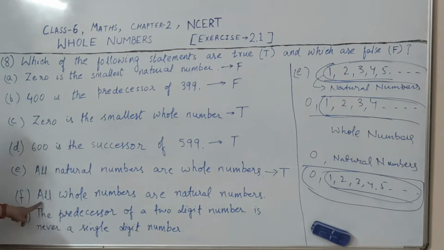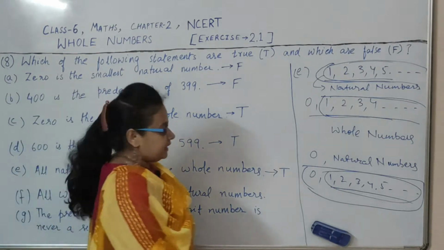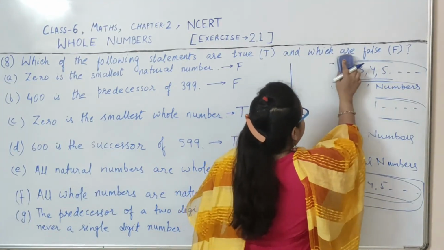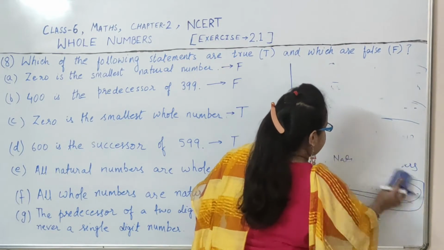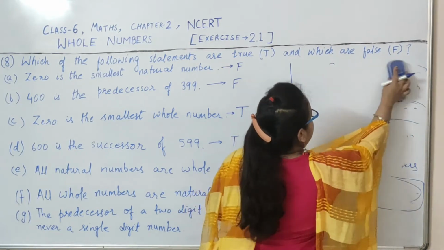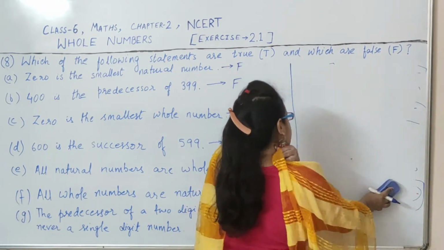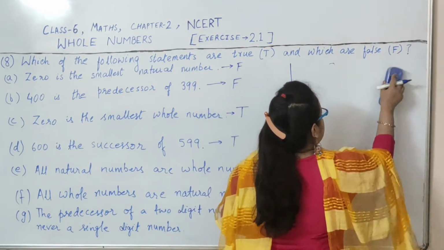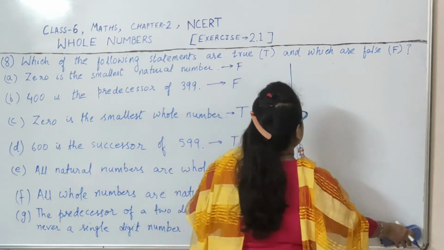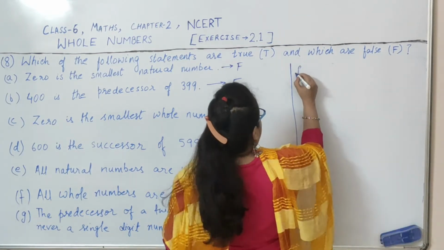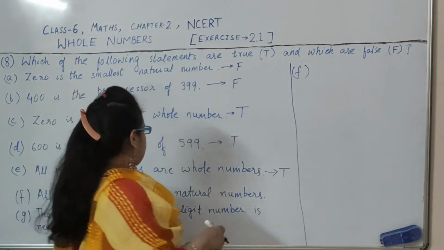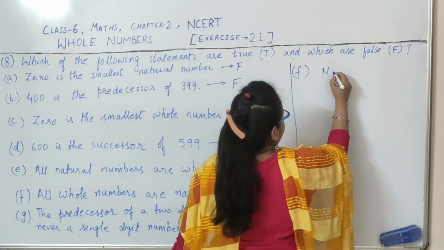Now let us come to the F part. All whole numbers are natural numbers. Is it a correct or wrong statement? See, what are natural numbers?